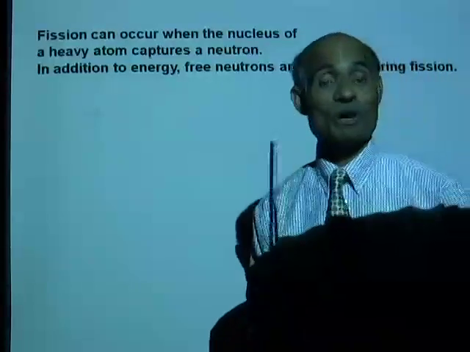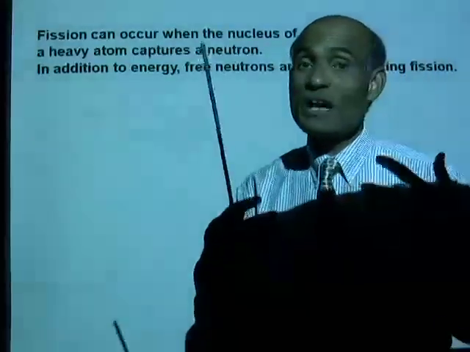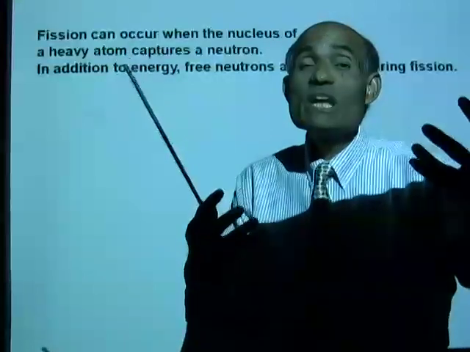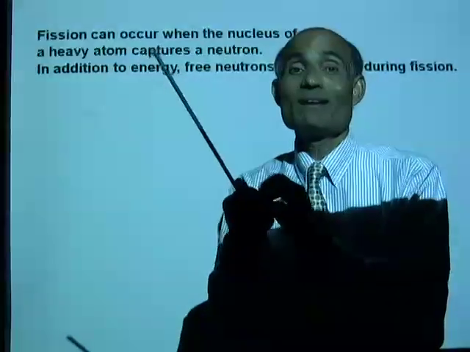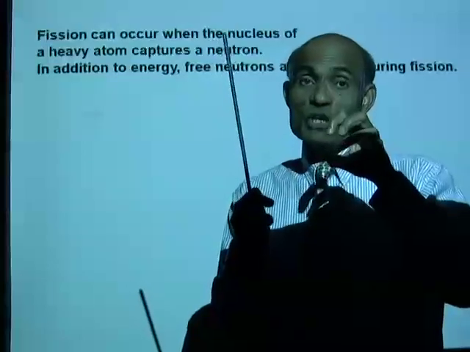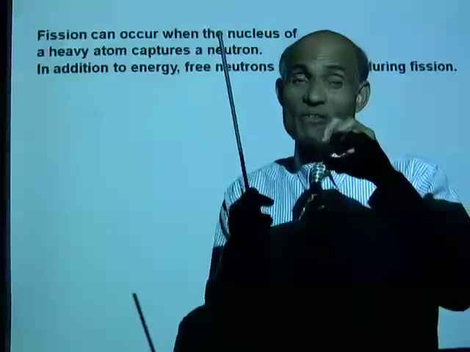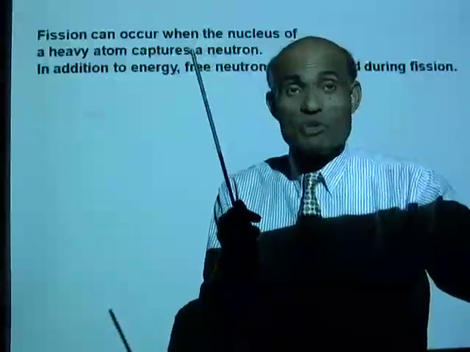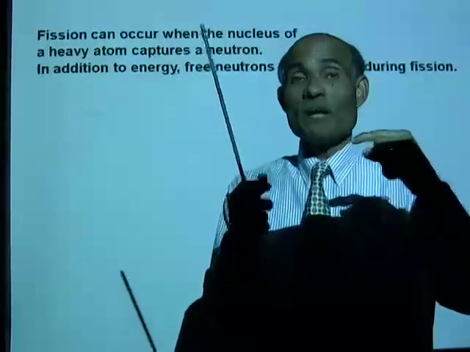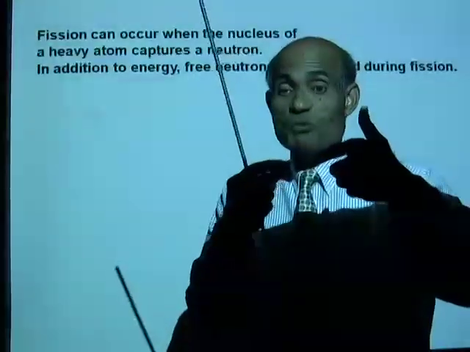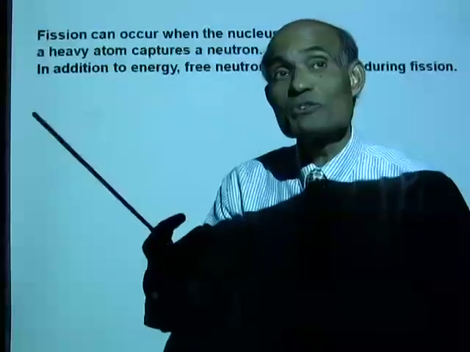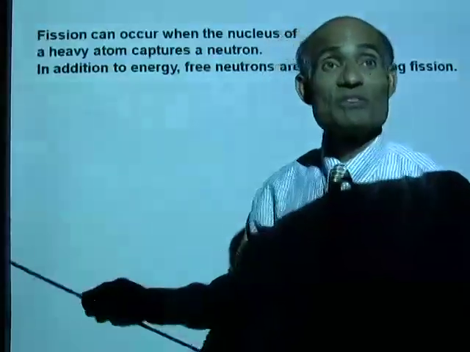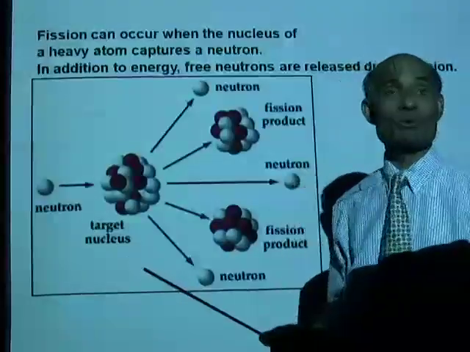Very important, because in order that fission may occur, you need free neutrons that can be captured by nuclei. So if one nucleus of uranium-235 undergoes fission by capturing a stray neutron, that fission will release more neutrons, which can then be captured by other nuclei to produce fission. So that concept is very important.